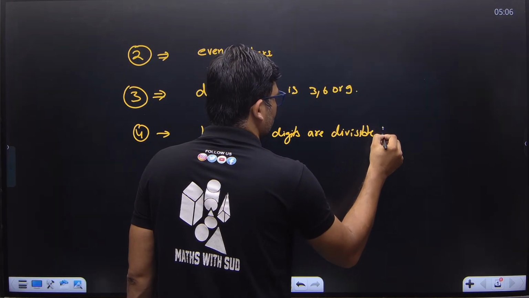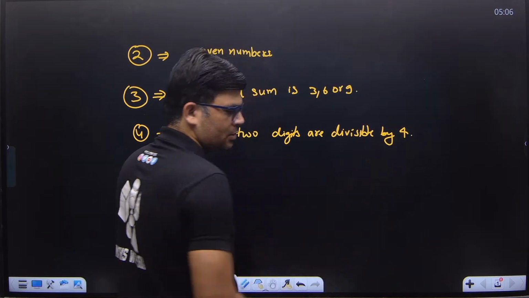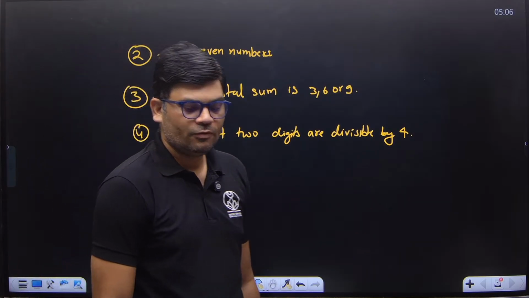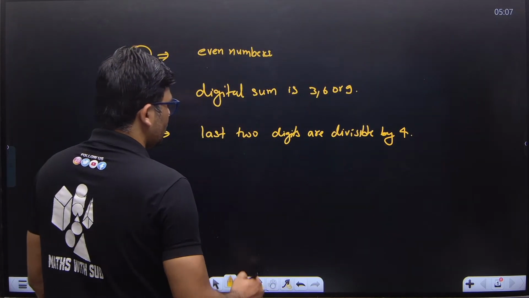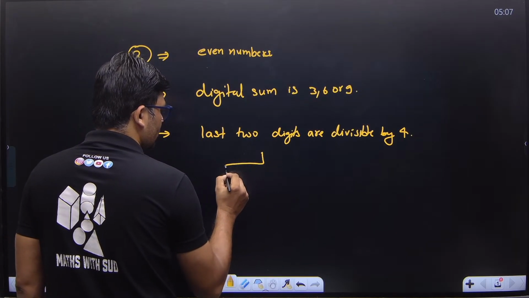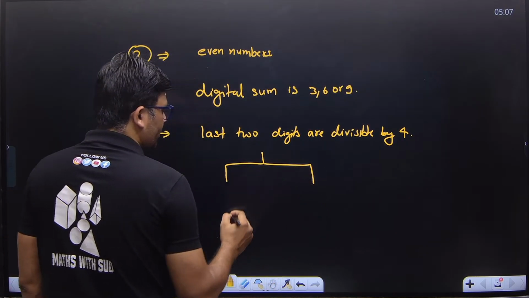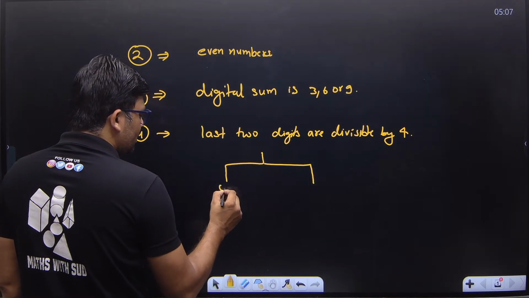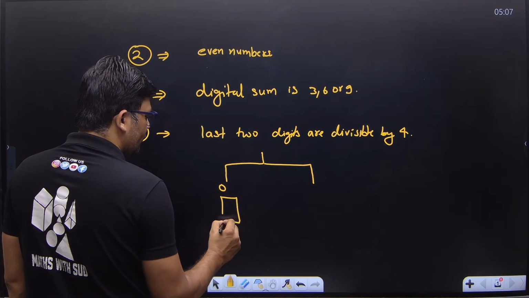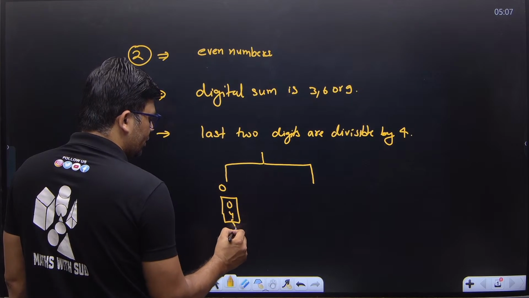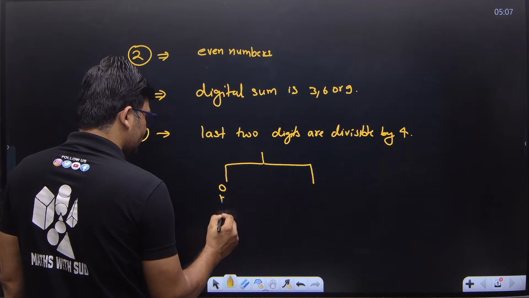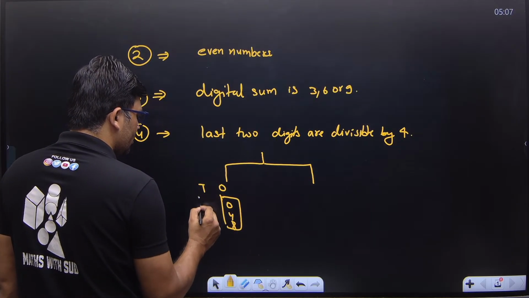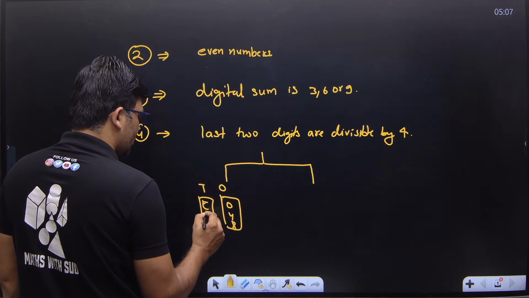And do you know how we checked whether the last 2 digits are divisible by 4 or not? We broke it down into 2 places. If the ones place is 0, 4 or 8, the tens place must be an even number.